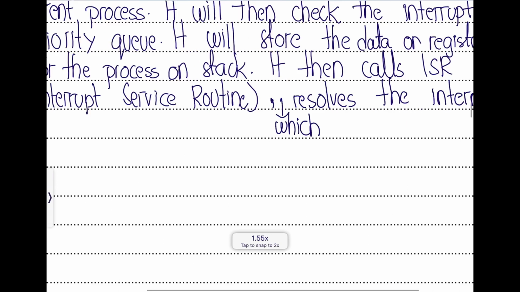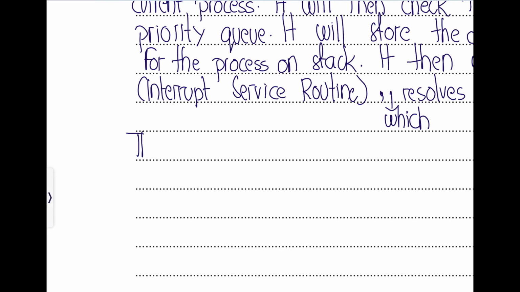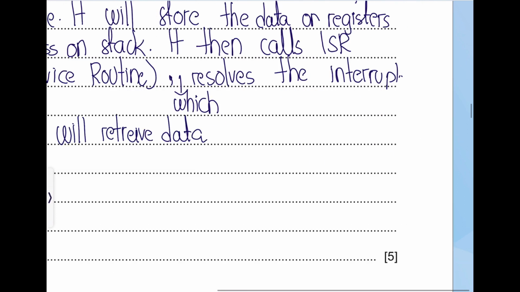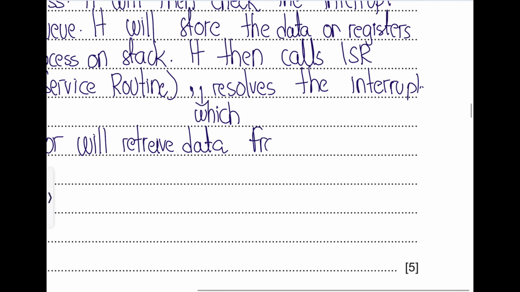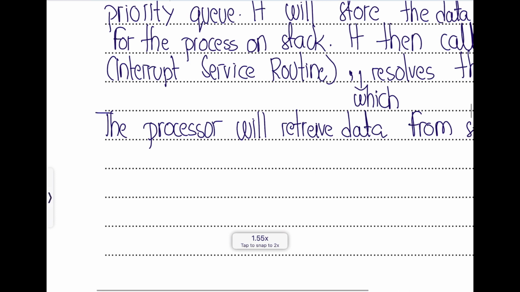Once it has resolved the interrupt, the processor will then retrieve the data from the stack to continue with the processes from the program. Now why do you need to do that?